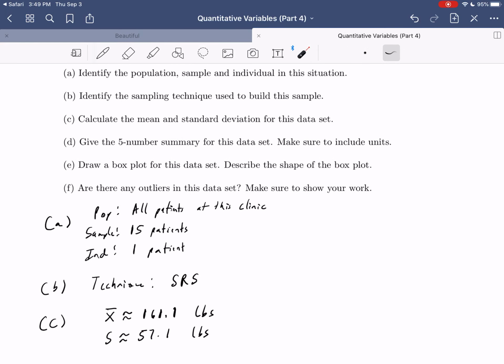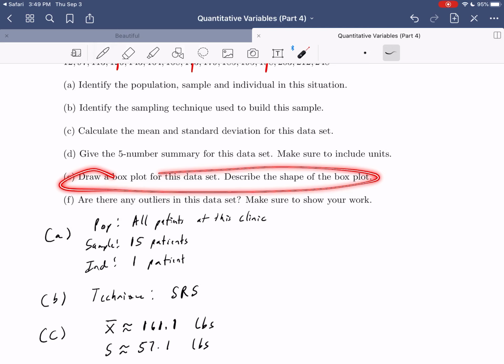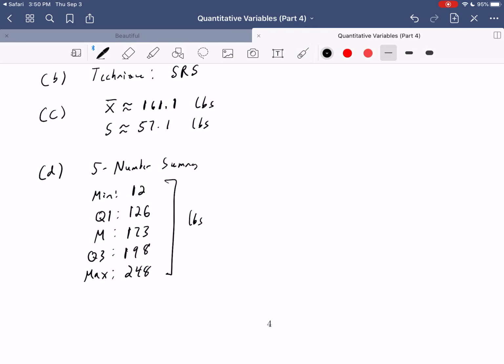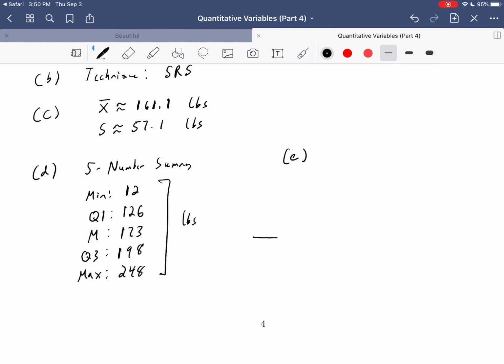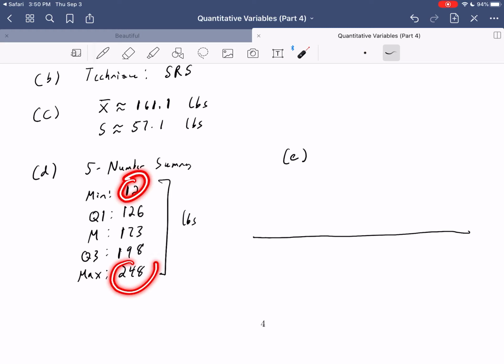Let's go ahead and draw a box plot from this data set. So let's actually use this now. I'll do this right here so we can reference it. How do we begin to draw a box plot? Well, first thing we want is to draw a horizontal axis. Then we need an appropriate scale. We have to basically go from 12 all the way up to 248. So I might just start at 0 and go by 20s.